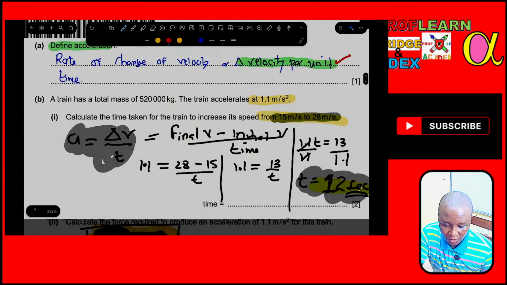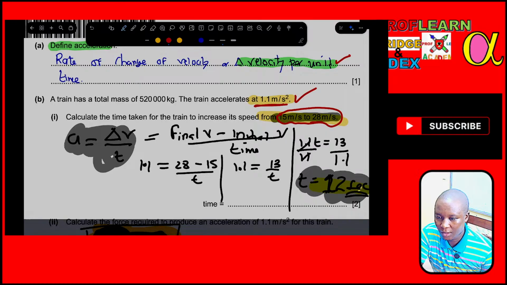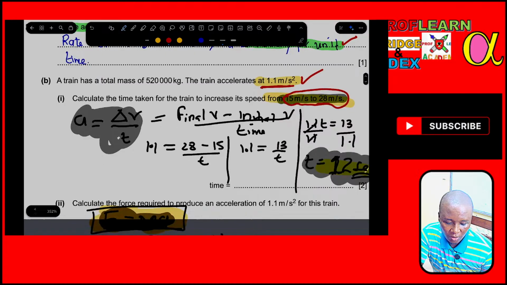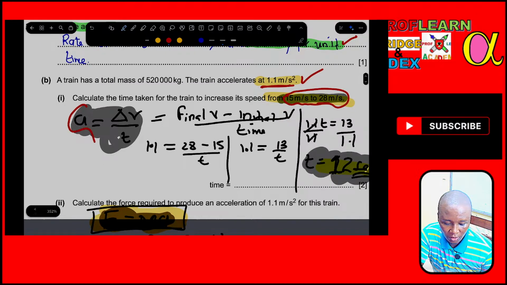Calculate the time taken for the train to reach this particular speed from 15 to 28 if it's accelerating at 1.1 meters per second squared. The first thing we need to understand is that acceleration is equal to change in velocity over time. But how do you get change in velocity? It is final velocity minus initial velocity.